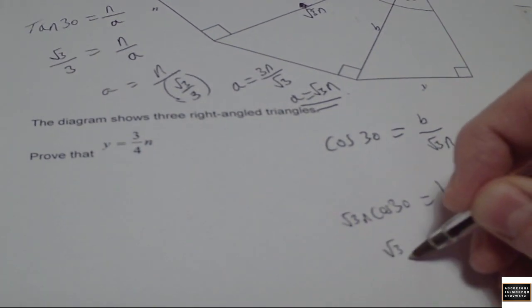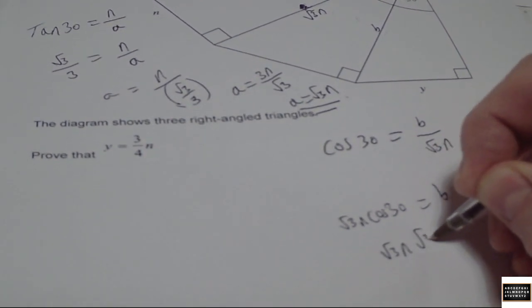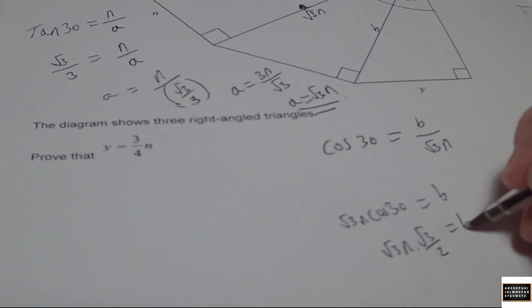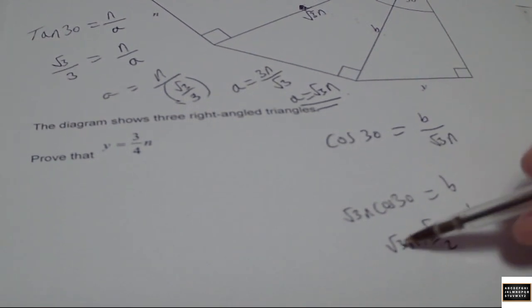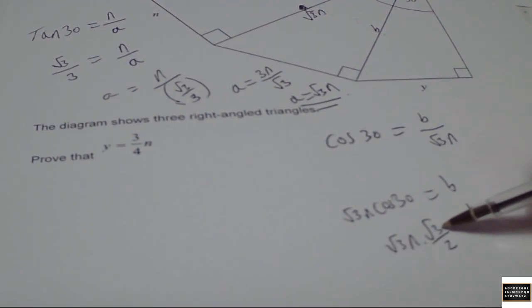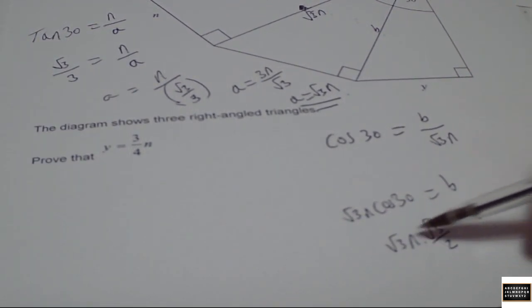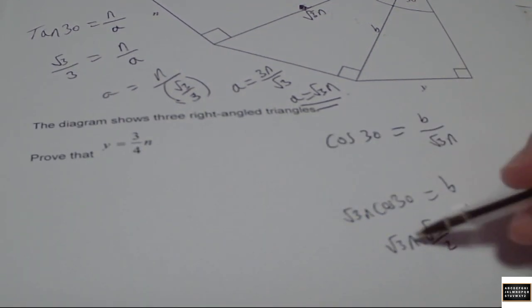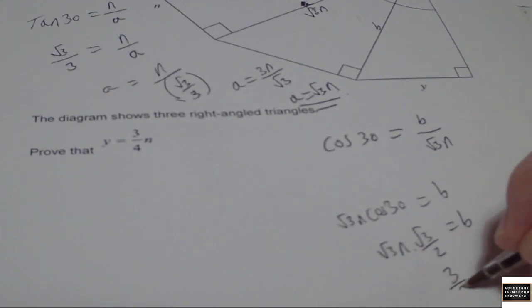So I've got root 3n times root 3 over 2, and that's b. These two root 3's multiply together to make, well, just 3, because we've got root 3 times root 3, that makes 3. And then it's got this 2 underneath, so 3 over 2n is the expression I'm going to get.